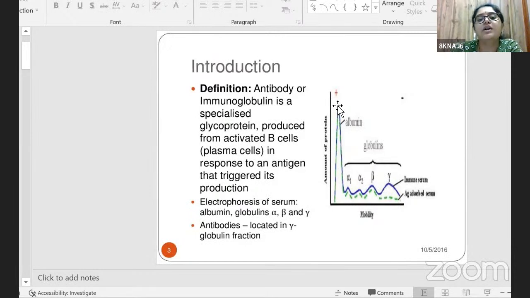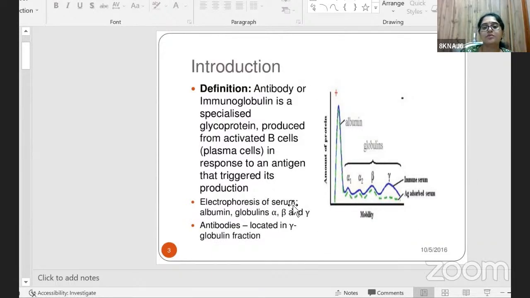So an antibody or an immunoglobulin is a specialized glycoprotein produced from activated B cells, that is the plasma cells, in response to an antigen that triggered its production. When you do serum electrophoresis, you have globulins, that is alpha, beta, gamma, and you have the antibodies located in the gamma globulin fraction basically.